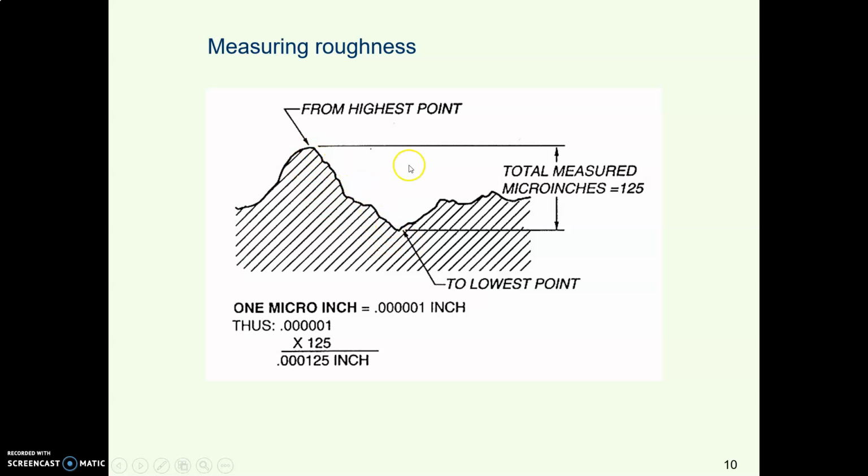If you measured this height and it were 125 millionths of an inch, or 0.125 thousandths of an inch, you would be telling them from the highest peak to the lowest valley, you want it to be no more than that.